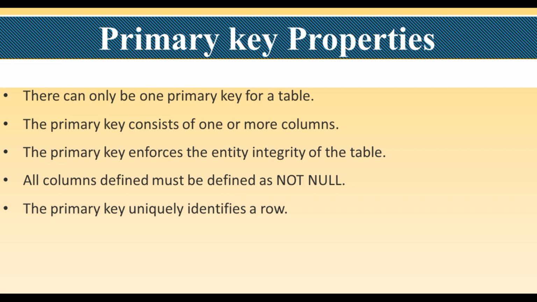There is no student whose roll number is null or 0. Roll numbers start from 1 up to the strength of the students. So a primary key does not have a null value; it is not allowed to enter a null value, meaning 0 or blank.